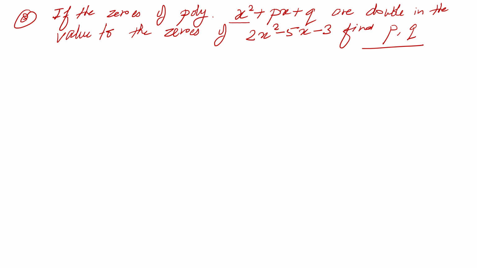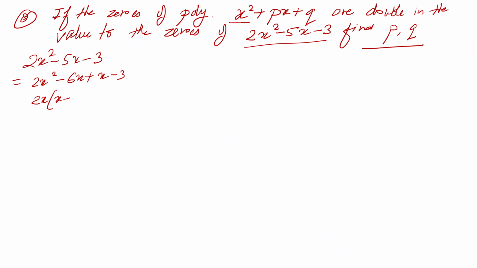सो हमने क्या माना? सिंपल सा है, हमने find out कर लिया इसके zeros। So let's say 2x square minus 5x minus 3, factorizing this you get 2x square minus 6x plus x minus 3, 2x is common, it would be x minus 3, 1 is common, x minus 3, so it would be 2x plus 1 into x minus 3.